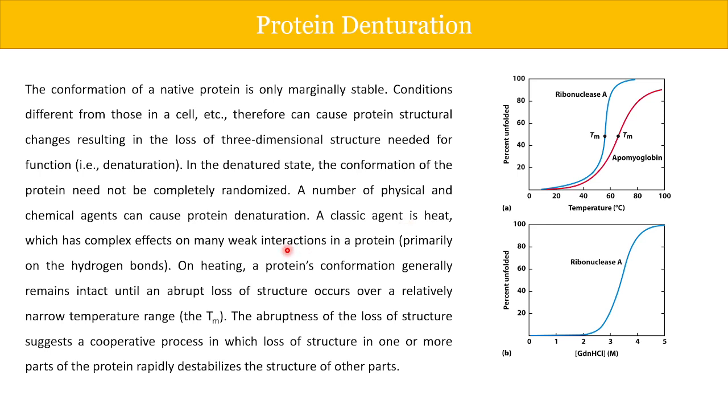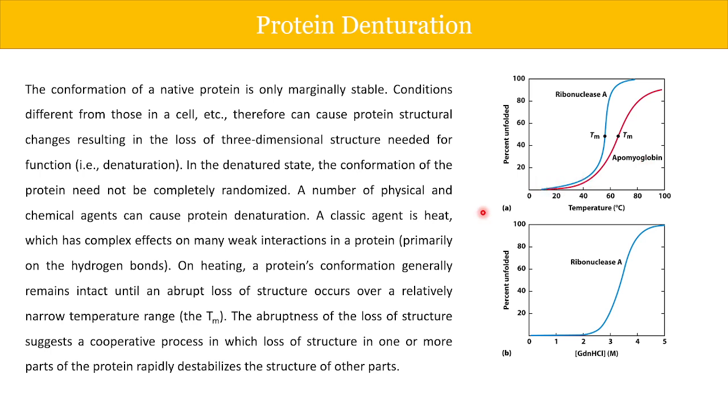So the classic agent like heat has complex effects on many weak interactions in a protein, primarily the hydrogen bonds. Now on heating, a protein's conformation generally remains intact until an abrupt loss of structure occurs over a relatively narrow temperature range. So you see over here, these are the graphs of two different proteins. One is ribonuclease A and the other one is apomyoglobin.